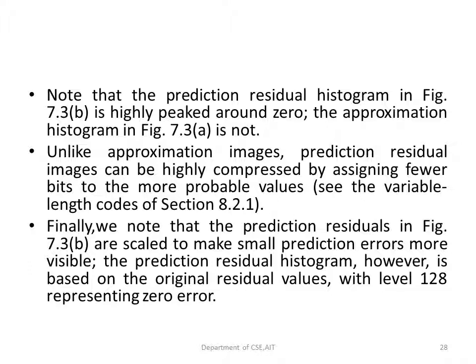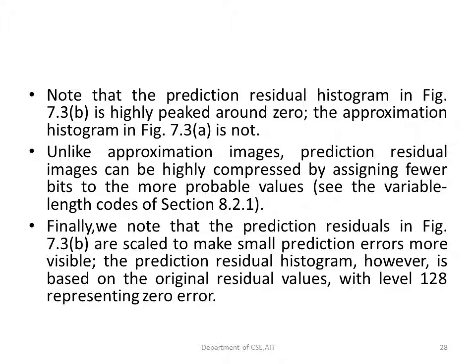We can observe the prediction residual histogram in figure 7.3b. It has more values around 0, that means it has a large number of peak values around 0. The approximation histogram in figure 7.3a does not have high peaked values. So unlike the approximation images, the prediction residual images can be highly compressed by using fewer bits for more probable values.